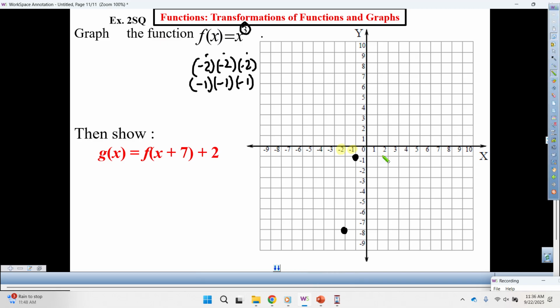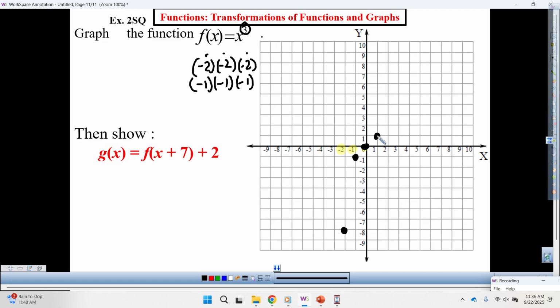Next value, 0. Tell your neighbor where that goes. 0, yes, that is correct. 0, 0, that's our vertex. Next one, 1. Tell your neighbor where to place that point. Julian, 1 what? 1 is correct.